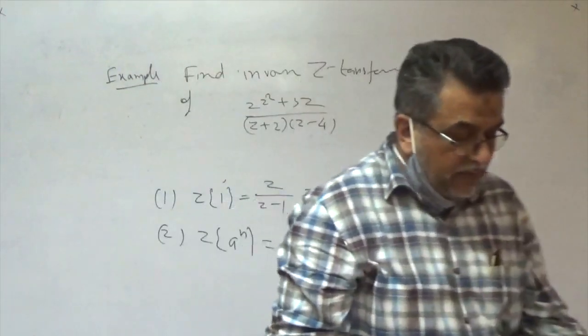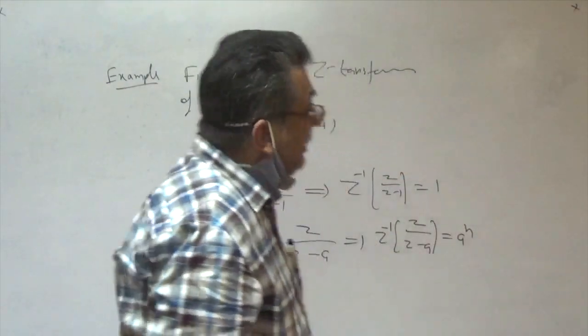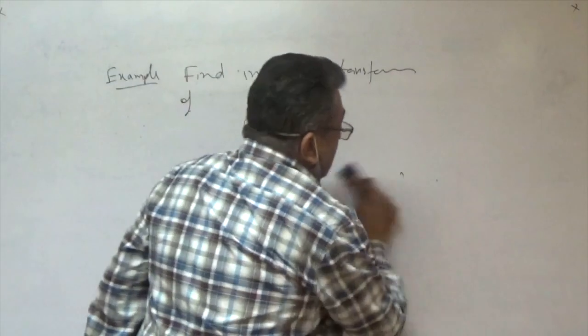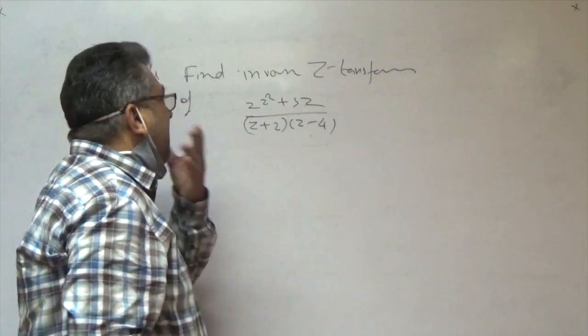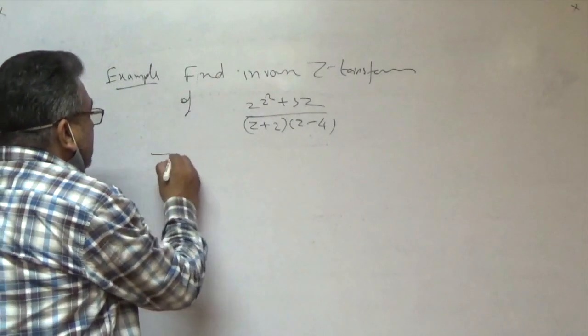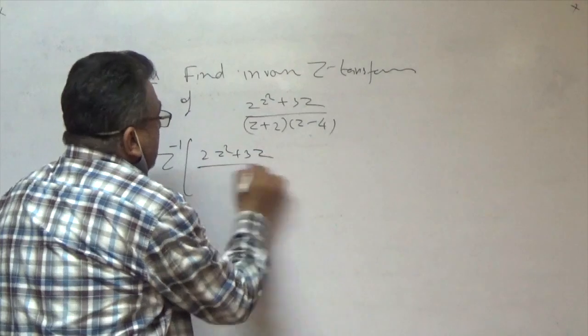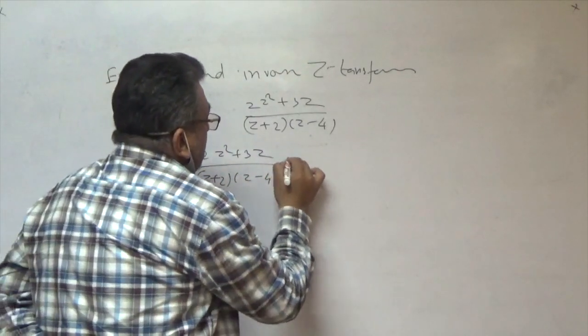So this is the problem. Then you have to find the inverse Z transform of 2z square plus 3z upon z plus 2 and z minus 4.